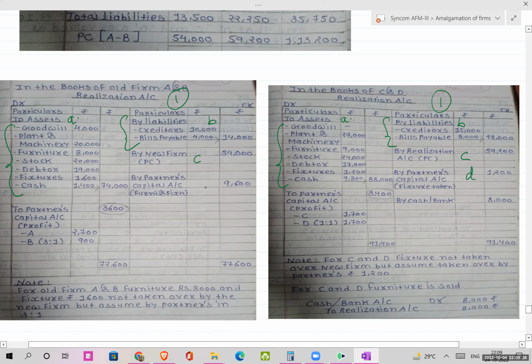ये fourth one, furniture and fixtures not taken over by the new firm, that means it is taken by the old partners, okay, right। And then when you close this ledger, you get a balance which you distribute between the old partners in their old ratio. Okay.